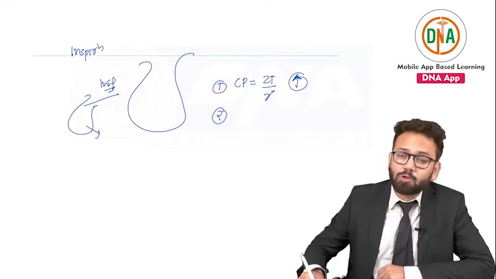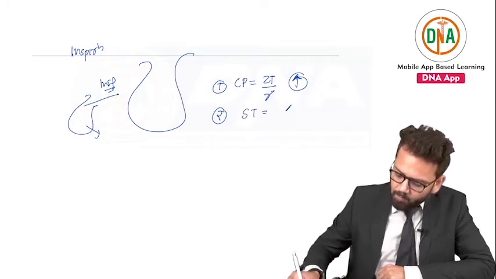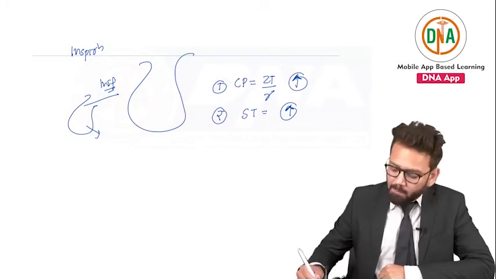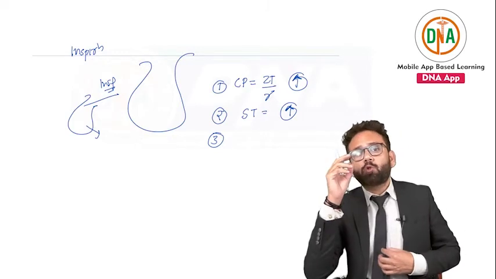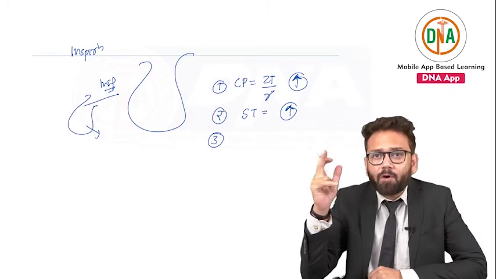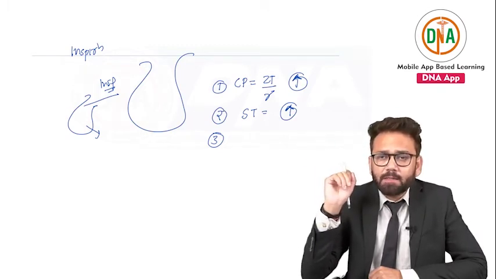Number 2, because collapsing pressure is more, surface tension is also more. But what about surfactant? Surfactant was stored in the form of lamellar bodies. Then they form tubular myelin, and then they form surfactant, and they decorate the inside of the alveoli, isn't it?